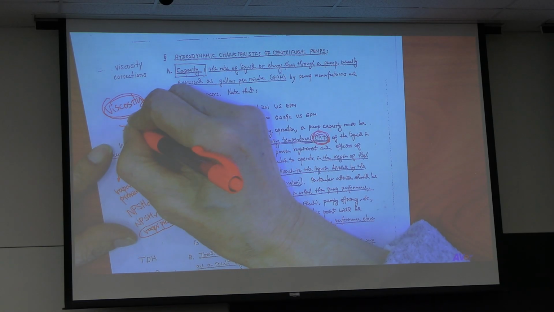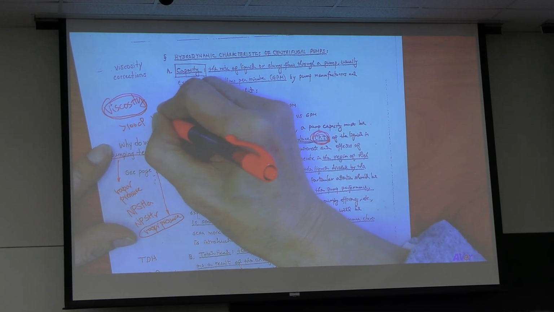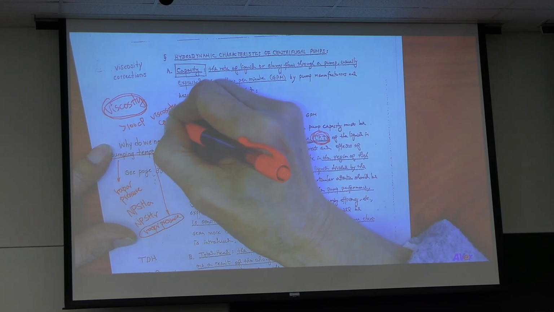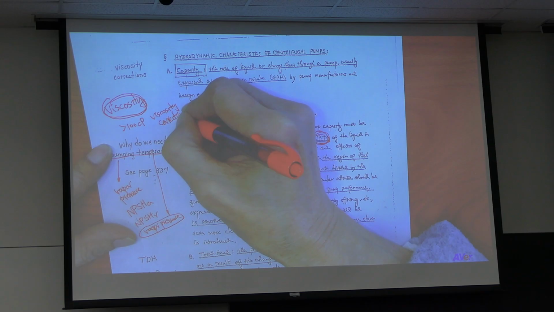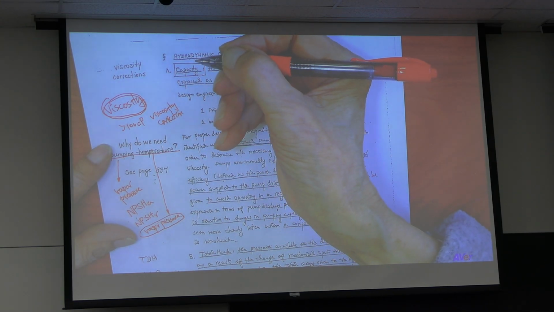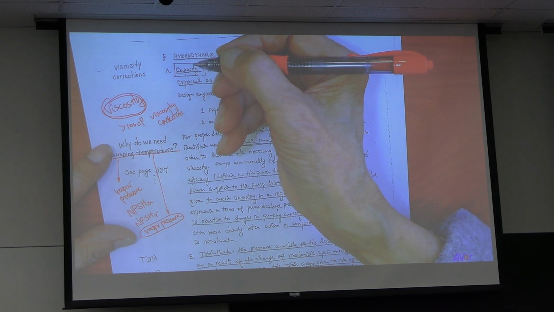If you have greater than 100 centipoise, you have viscosity correction. 300 gallons per minute might become 310 gallons per minute. We have some correction chart for you to change.